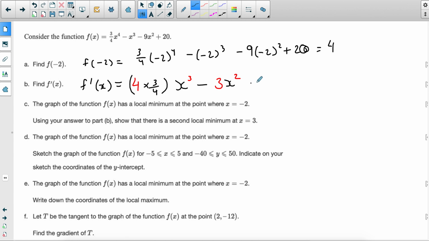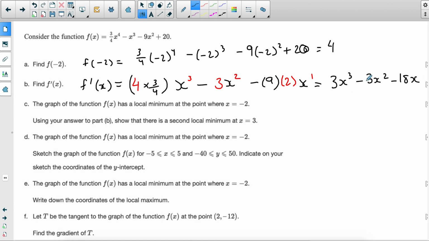And then we have a -9 being multiplied by 2, the power, and x will be reduced to a power of 1. And the derivative of a constant is always 0. So I'm just going to simplify this. It's going to end up being 3x cubed minus 3x squared minus 18x.